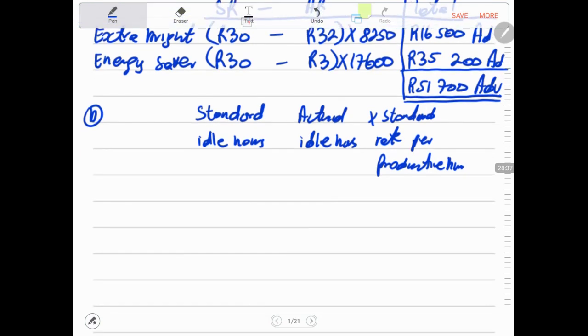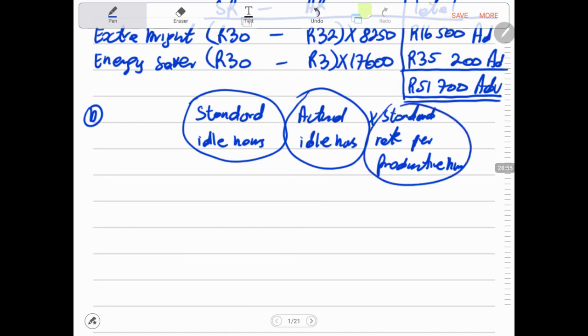I want to make sure that at least I write everything. Now, when we do this calculation, remember we are looking at the standard idle hours, vice versa, the actual idle hours. Then we multiply this by the standard rate per productive hour.